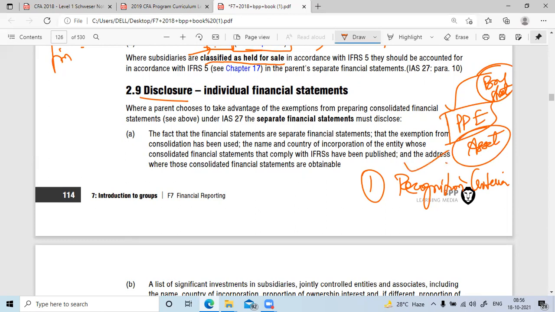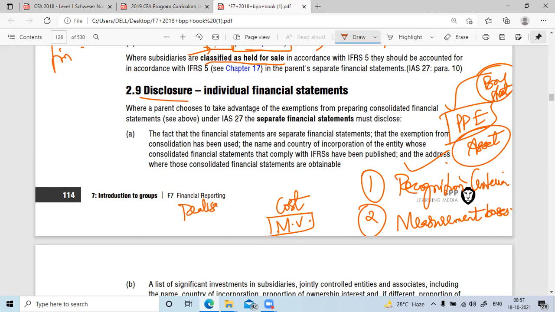Second, measurement basis. That is how to measure it, either at cost or market value. Okay, market value, in IFRS they generally don't use this word. They use realizable value, or they use this word called value in use.